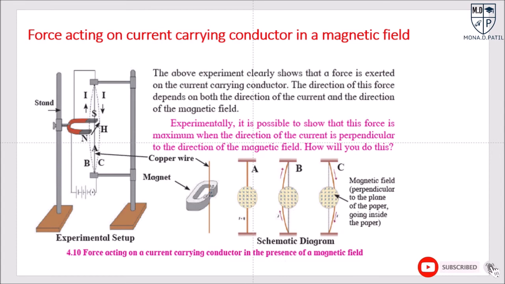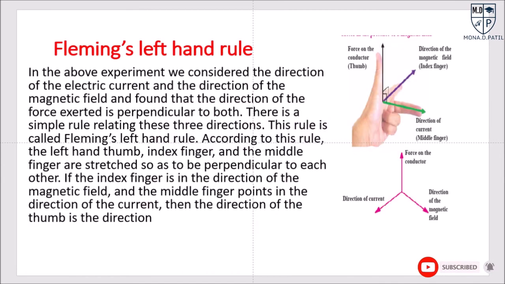Now, Fleming's left hand rule. In the above experiment, we considered the direction of the electric current and the direction of the magnetic field and found that the direction of the force exerted is perpendicular to both. There is a simple rule relating these three directions. This rule is called Fleming's left hand rule.